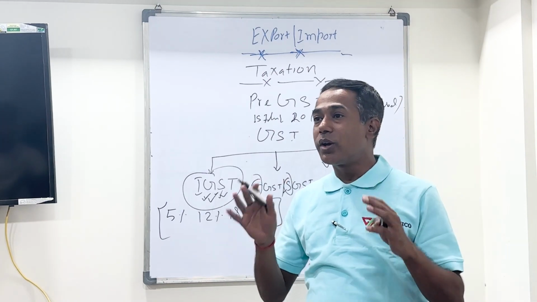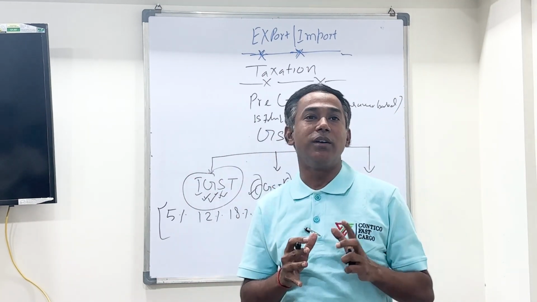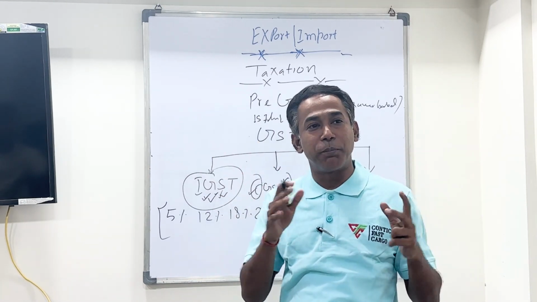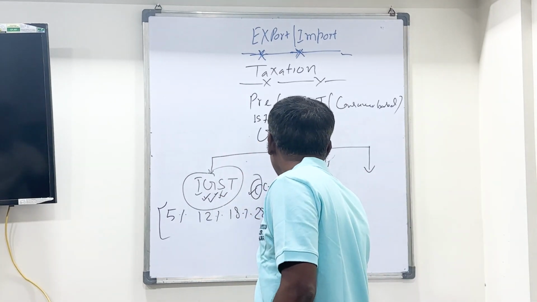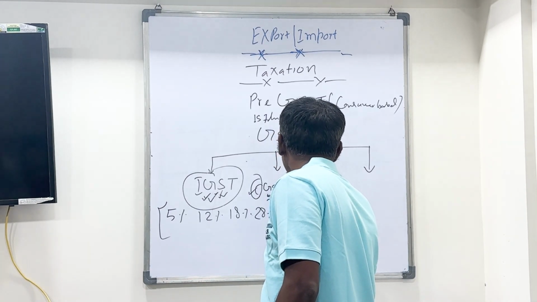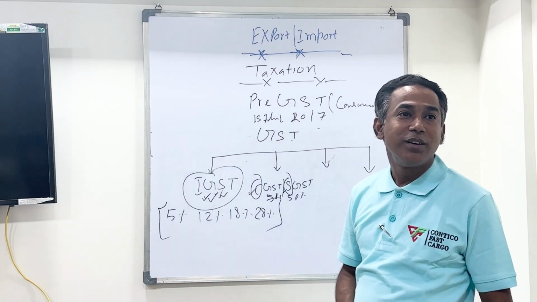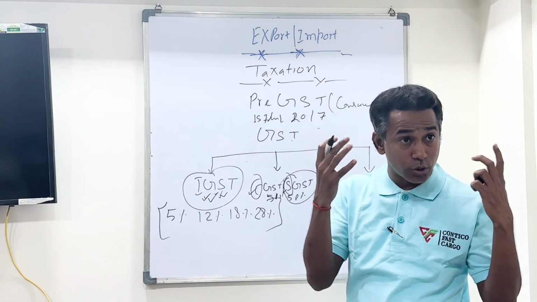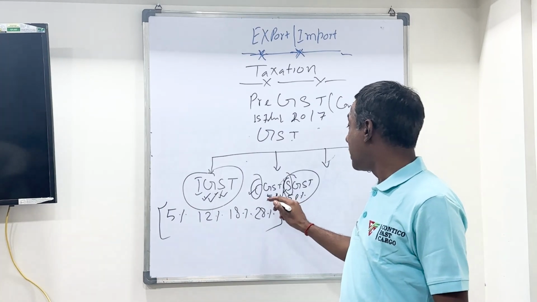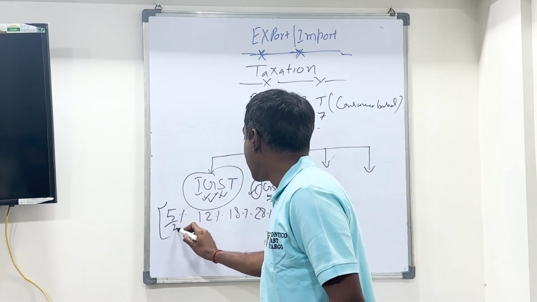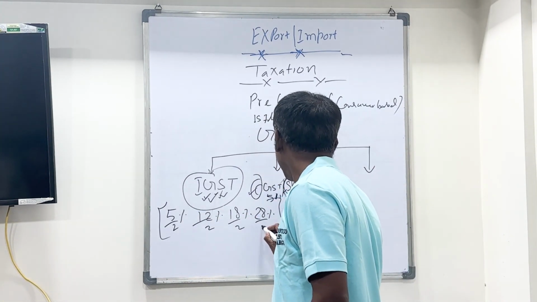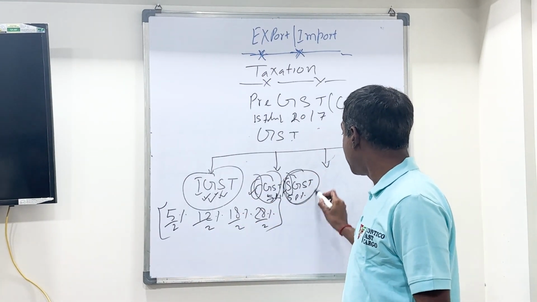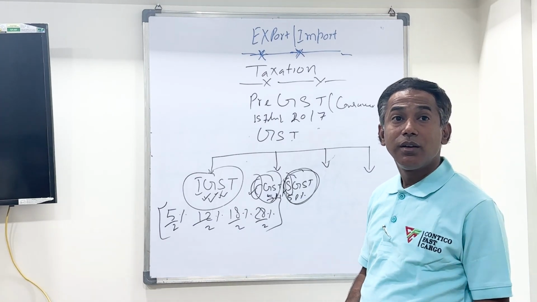Whatever is sold inside the state will be divided 50-50, 50% to the state and 50% to the center. So this is the benefit given to the state. So you divide by 2. Simple. 50% will go to the center and 50% will go to the state GST.